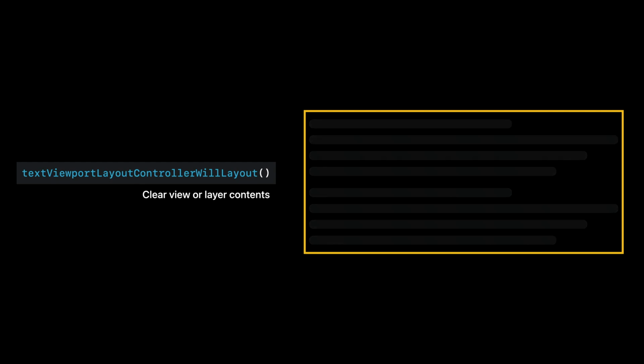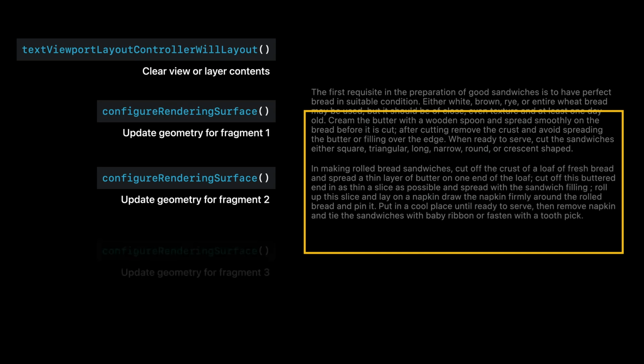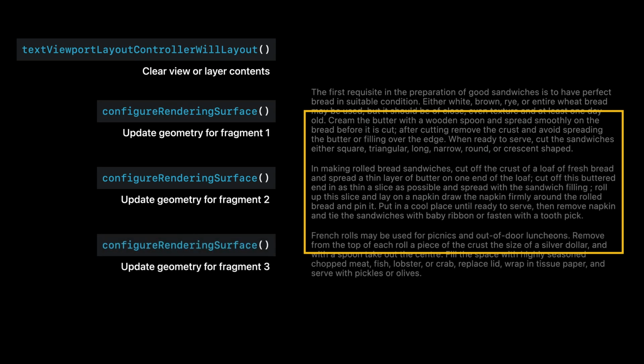First, the viewport layout controller calls the willLayout method before laying out elements in the viewport. Here is where you do any setup work to prepare for layout, such as clearing out the contents of the view or layer. Next, the viewport layout controller calls configureRenderingSurface for every layout fragment that's visible in the viewport. Here is where you update the geometry of each fragment view or layer.